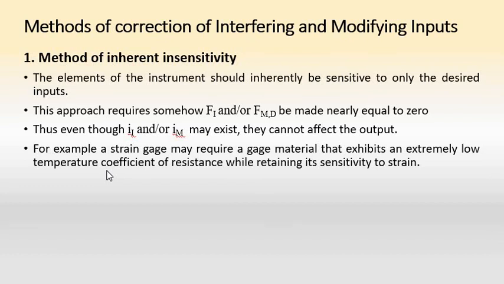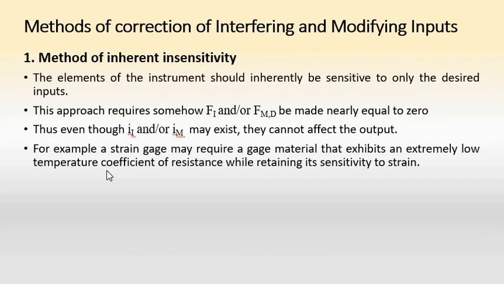When the temperature changes, there is a chance of the strain gauge changing in its resistivity, and the strain measured will also vary in such cases. So by this method we should develop a strain gauge such that the gauge material has an extremely low temperature coefficient of resistance. At the same time it should retain the sensitivity to strain also.